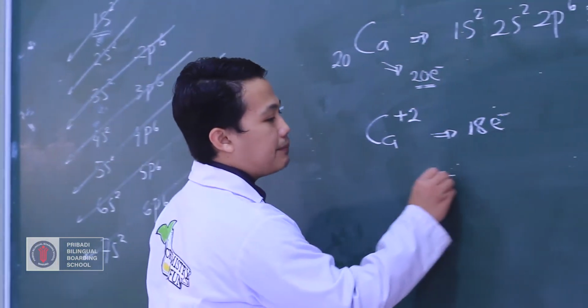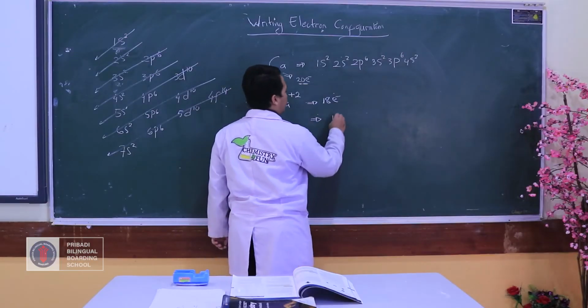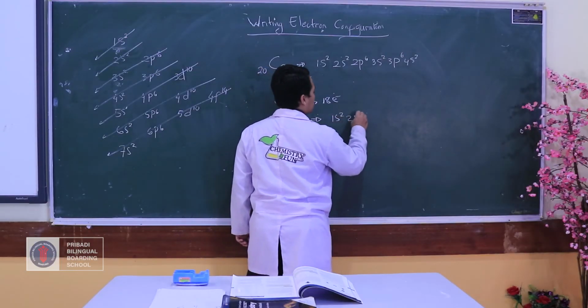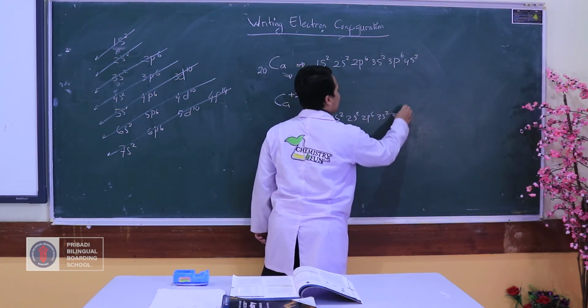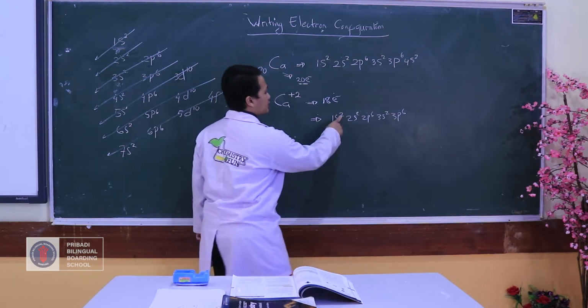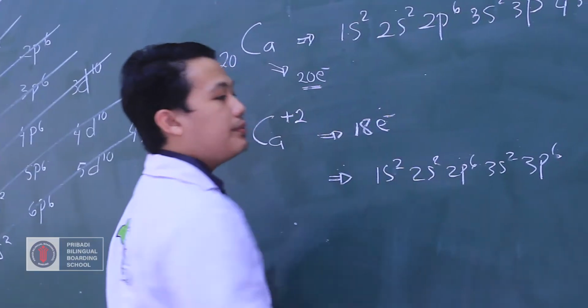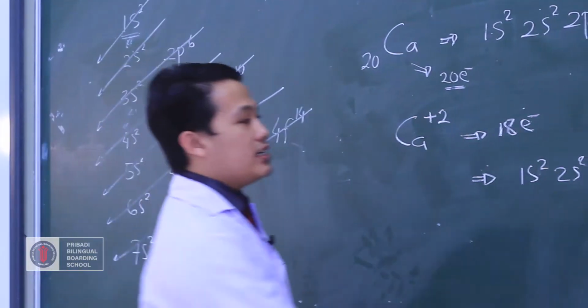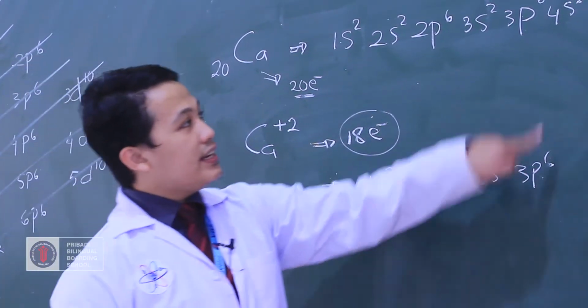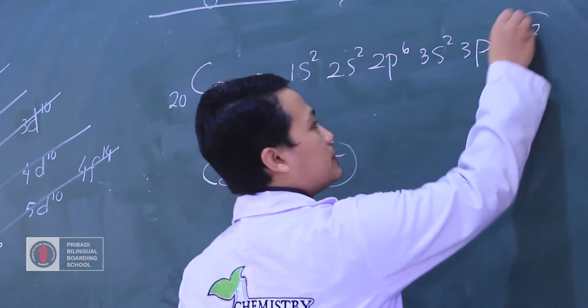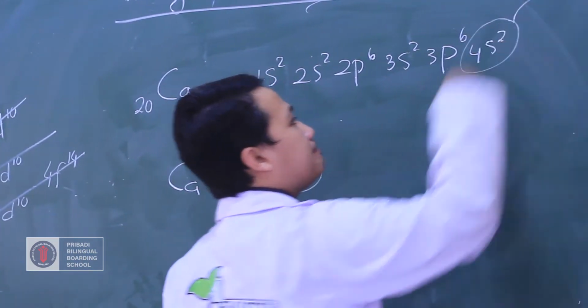So the same thing happens here. We will have 1s2, 2s2, 2p6, 3s2, 3p6. So the total number of electrons will be 18. As you can see here, 4s2 is gone.